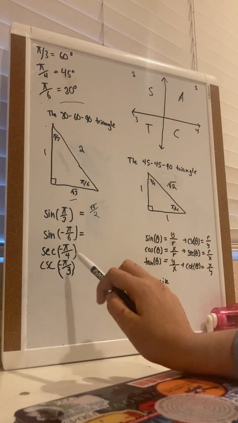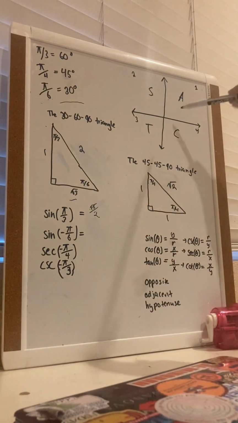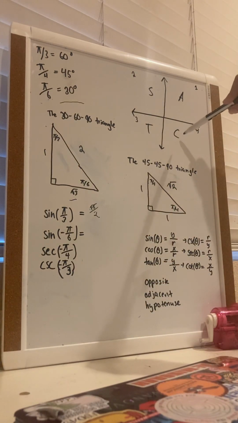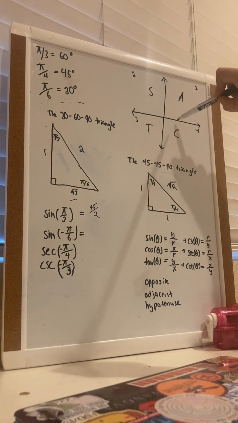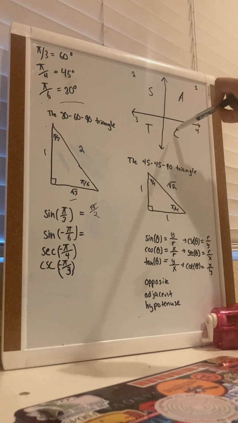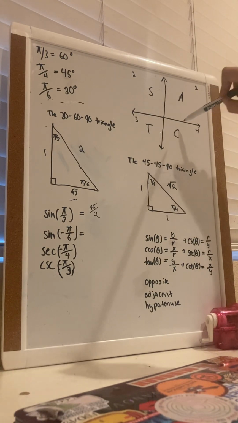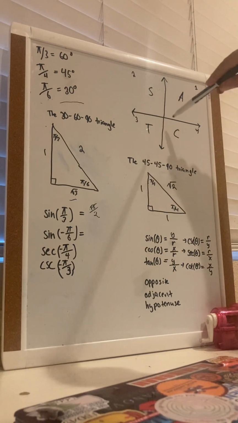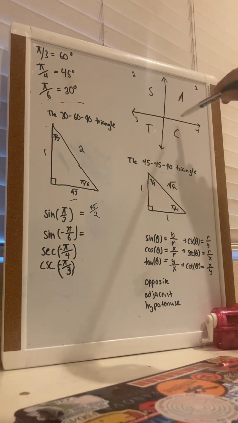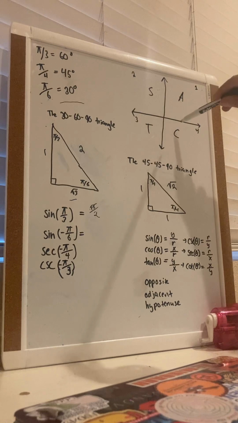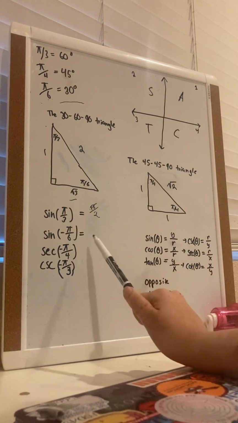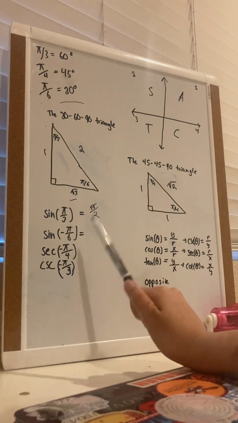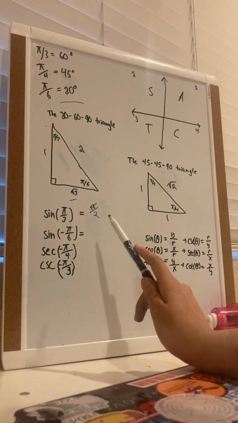But wait, it's negative. Negative pi over 4 is about halfway through this quadrant. Because we have our C here, we know that cosine and secant are positive here. So our answer would be root 2 over 1, or just root 2. That's how I remember.